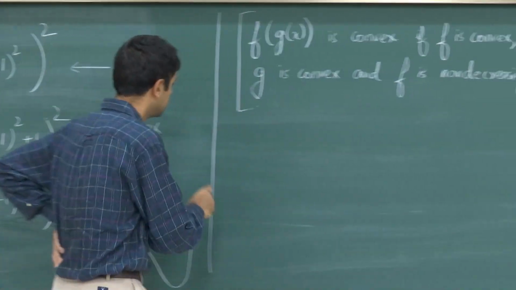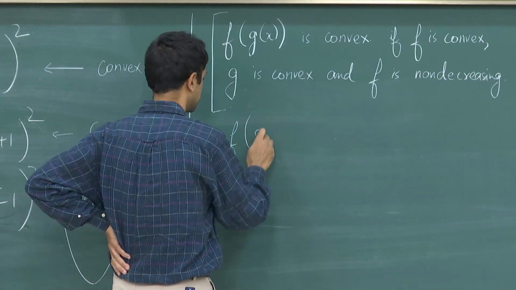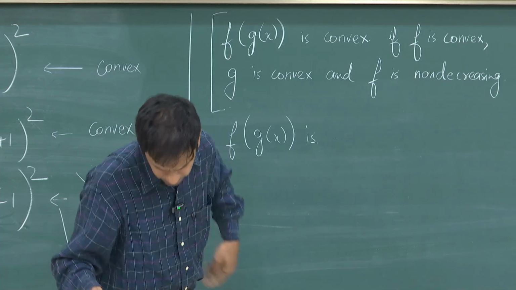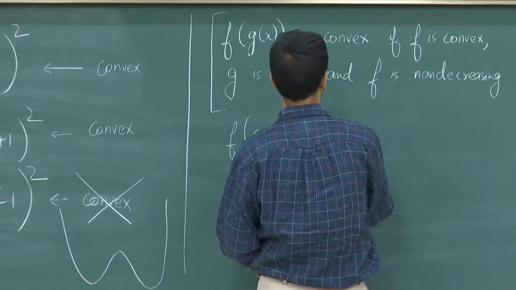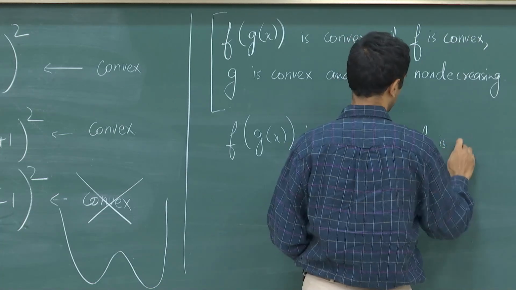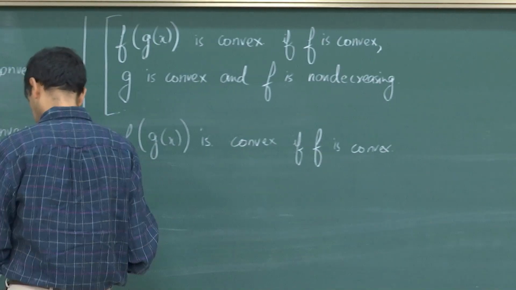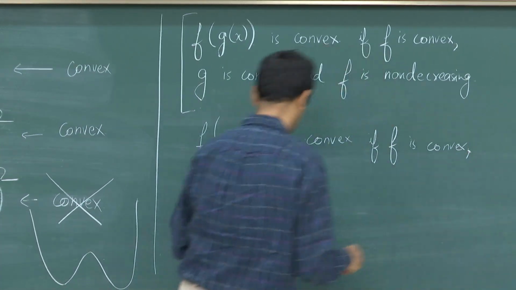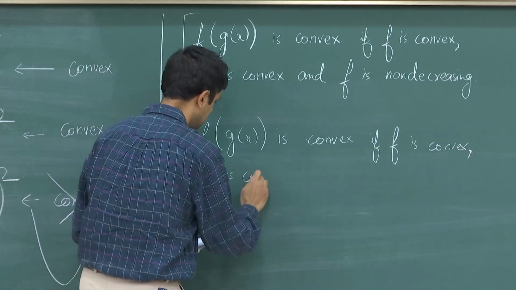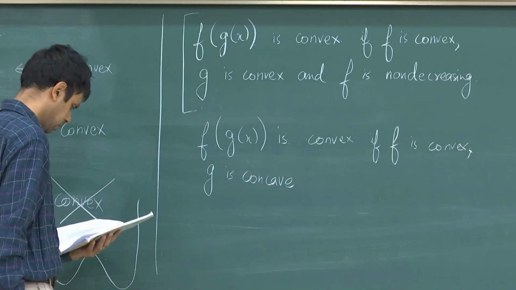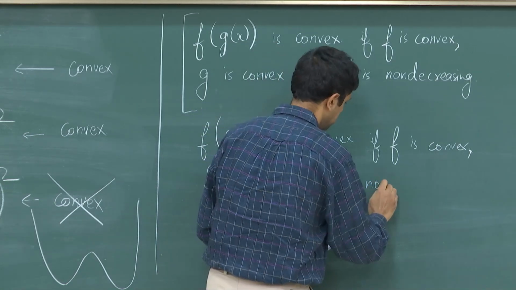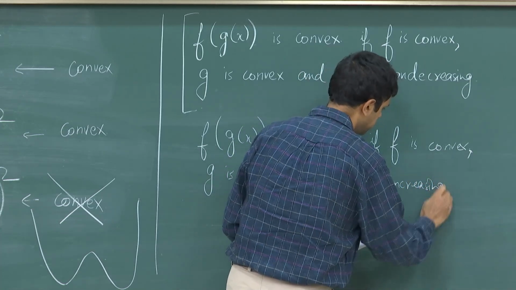Similarly, a similar rule is f of g of x is convex if f is convex and g is concave and g non-increasing in its domain, okay.